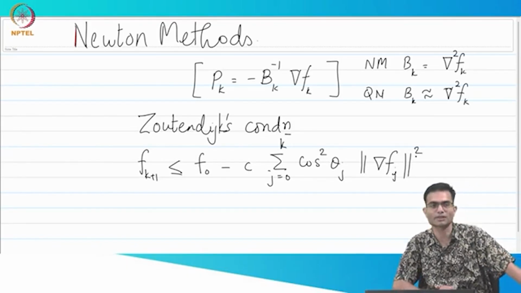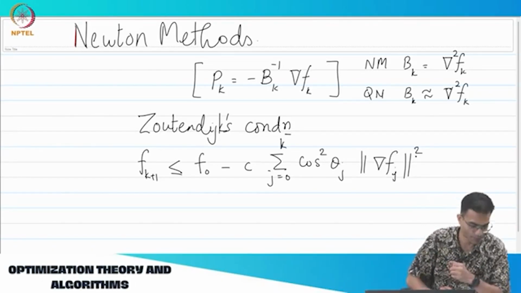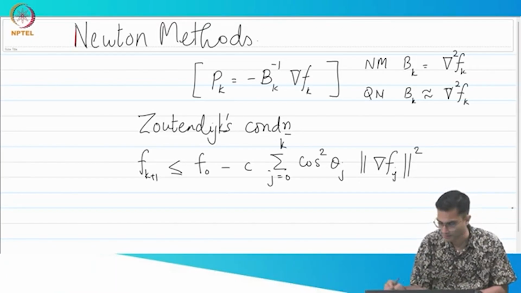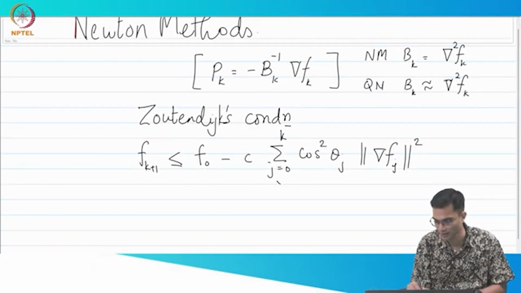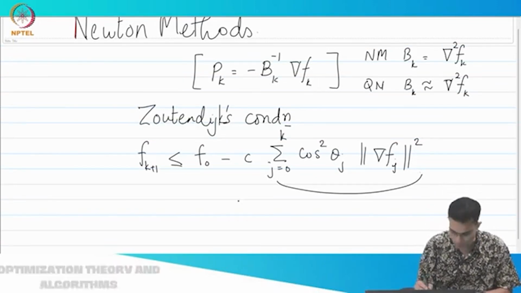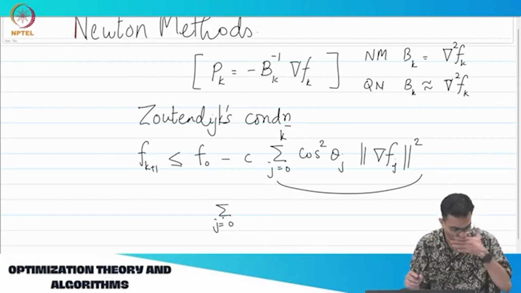So this was telling us how f of k was reducing in terms of this running summation, right? And we had said that if you look at what is inside over here, this term will always be positive, obviously, right? So this summation j is equal to 0.